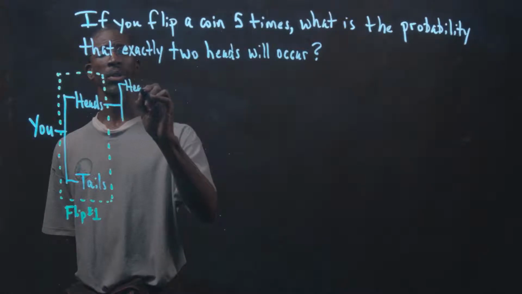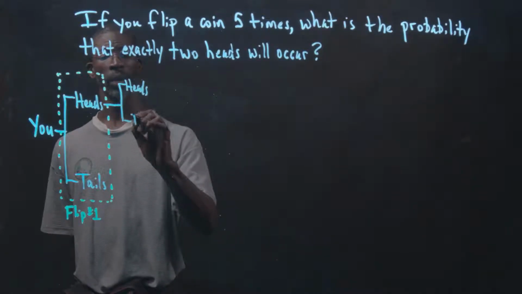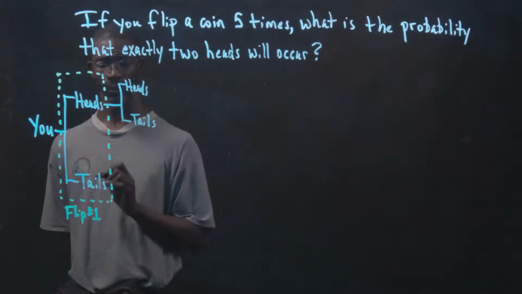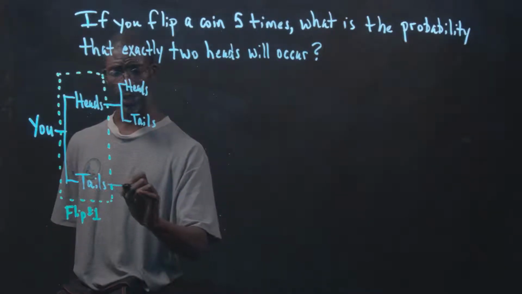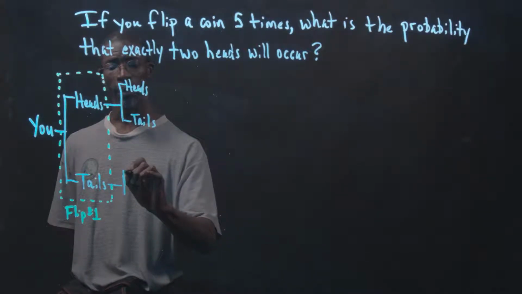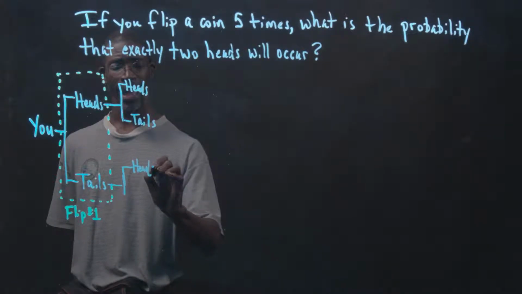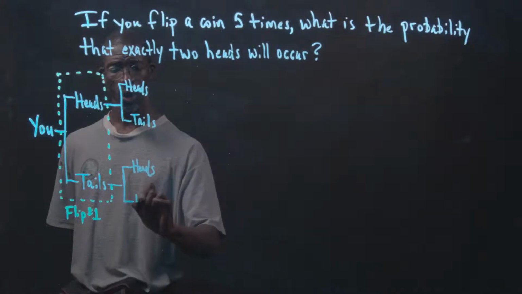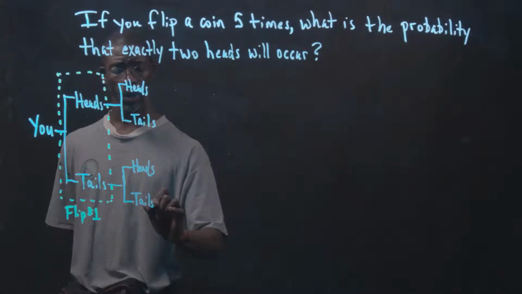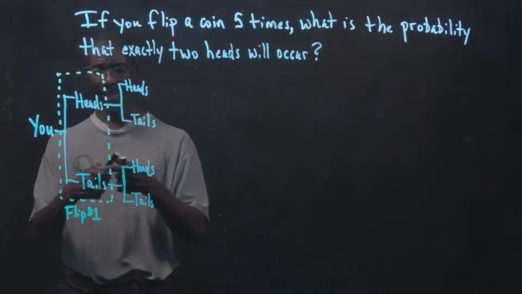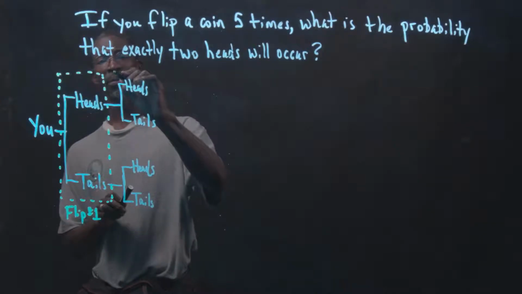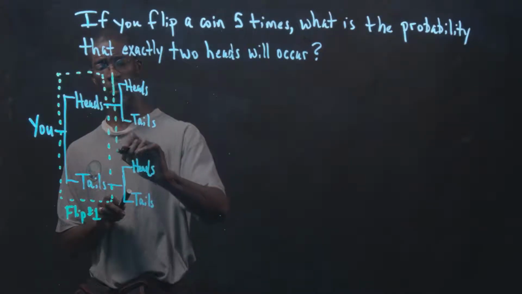Only heads, or it'll come up as tails. Same for this branch. If I had landed with tails first and I flip it again, I have either heads or I have tails. This will be flip number 2.